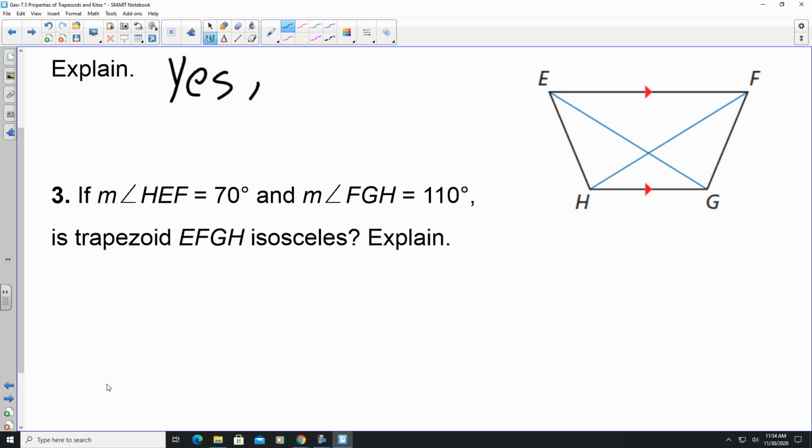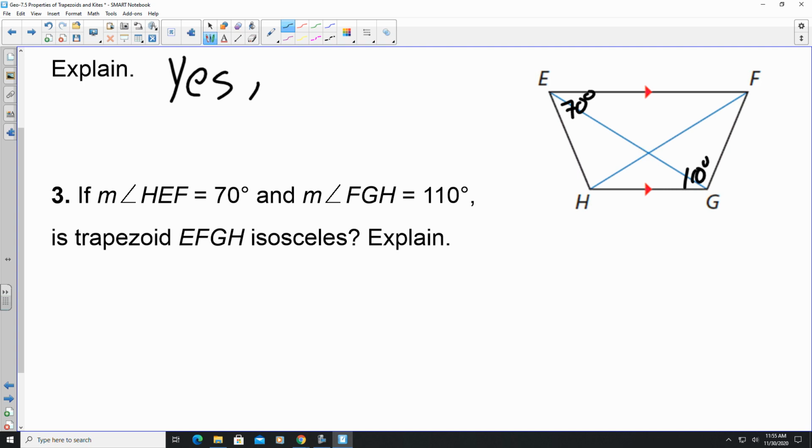In number 3, it says if the measurement of HEF, so this value right here, is 70 degrees, and FGH is 110, is trapezoid EFGH isosceles? They're asking us to explain.